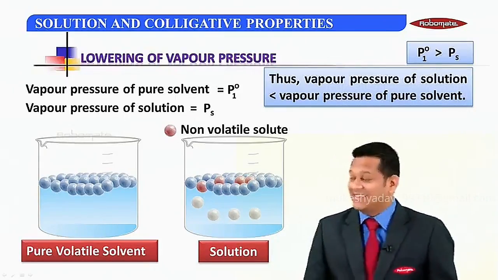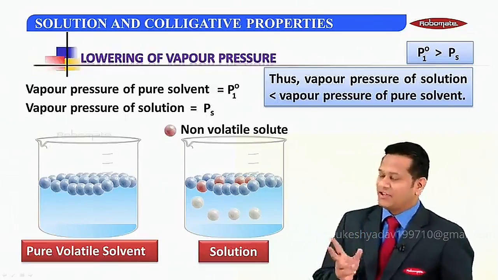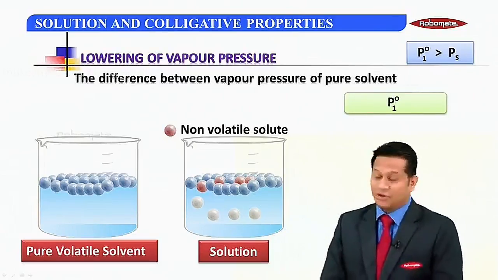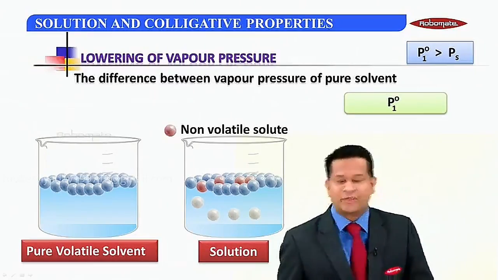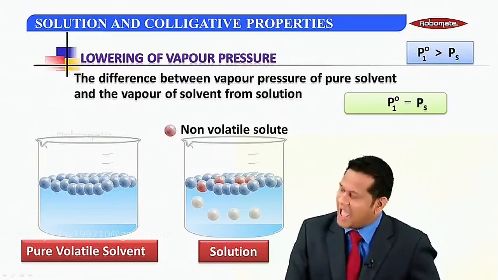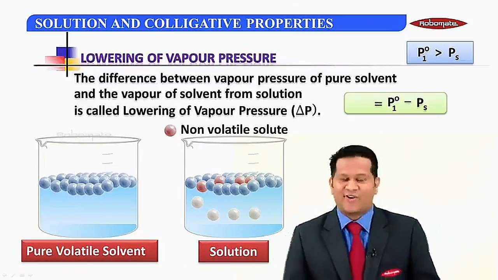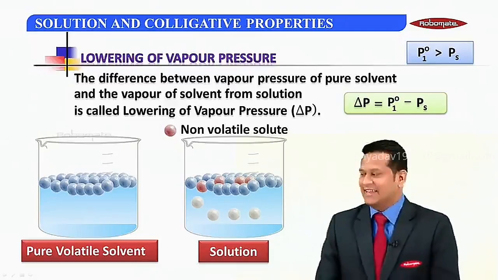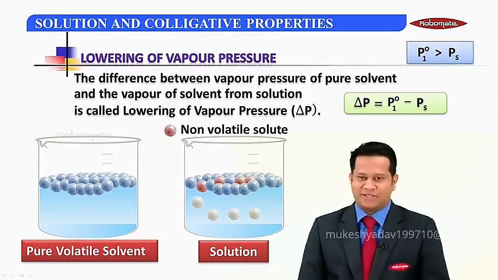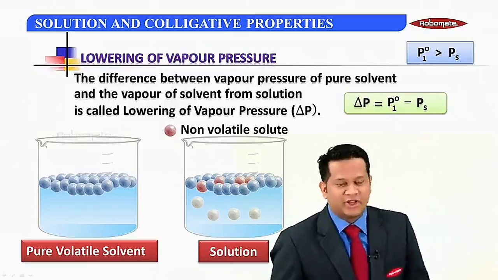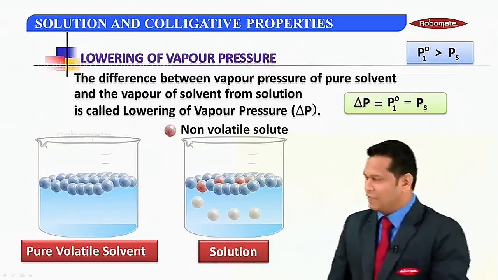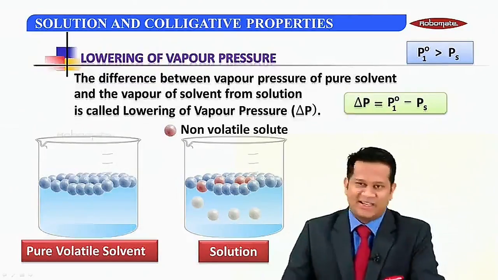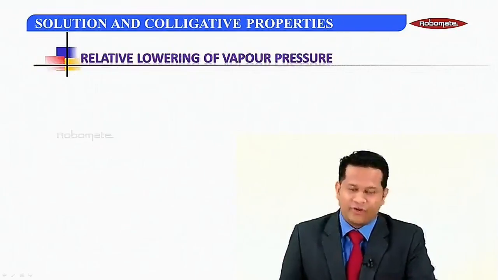It simply means there is certainly a difference between the vapor pressure of the pure solvent and the solution, and this difference between P01 and PS is called the lowering of vapor pressure, given by the symbol delta P. Hence delta P is equal to P01 minus PS, the first formula you are supposed to remember. Once we know this, let us go to the next one, that is relative lowering of VP.